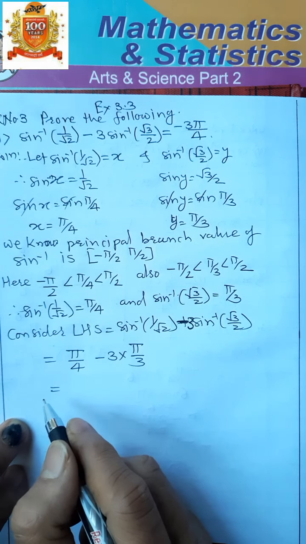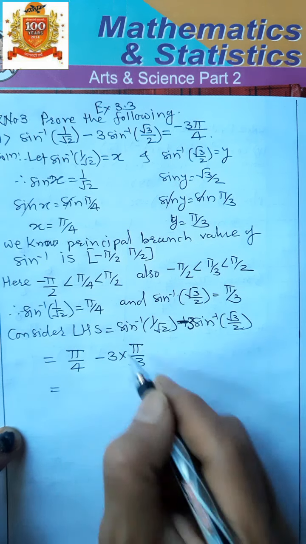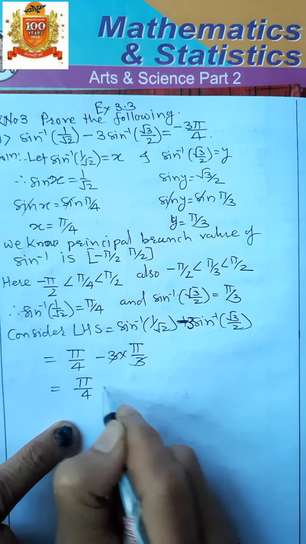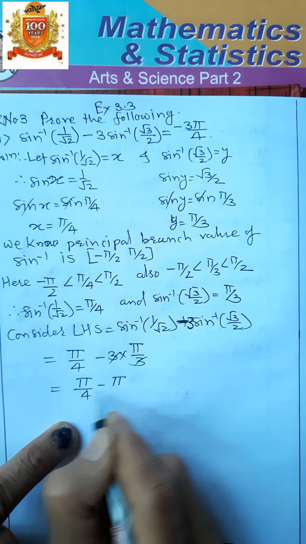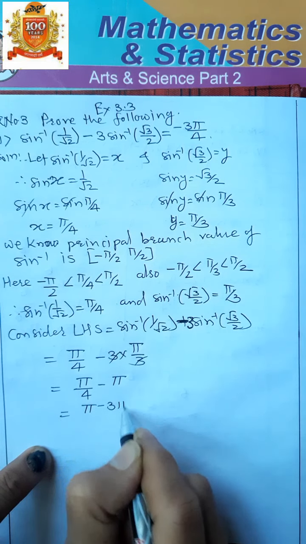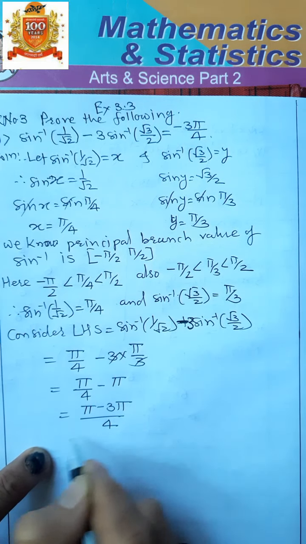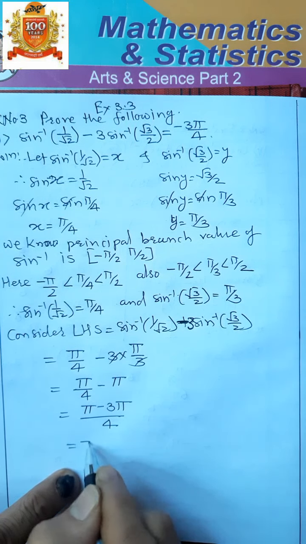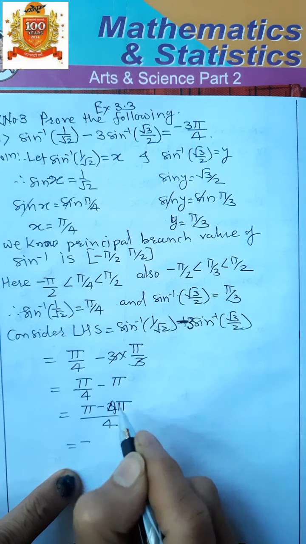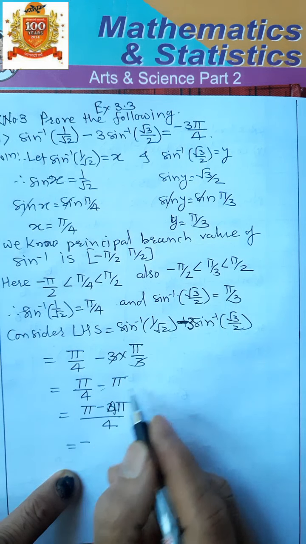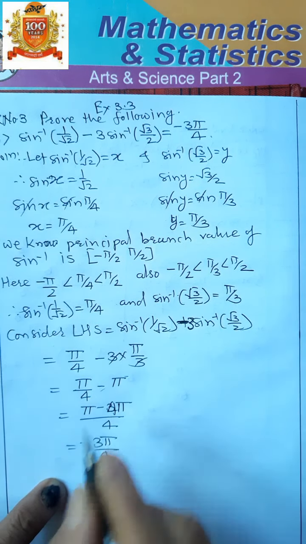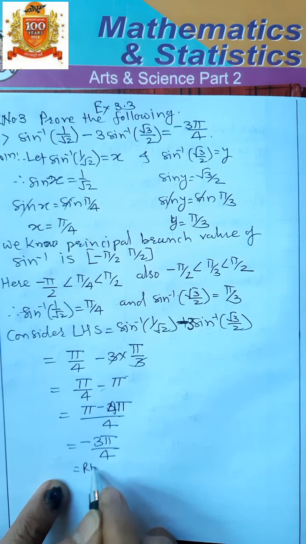That is equal to, 3 gets cancelled, pi by 4 minus pi, that is equal to pi minus 4 pi upon 4... that is equal to minus 3 pi upon 4. Cross multiplication, pi minus 4 pi upon 4, which is equal to RHS.